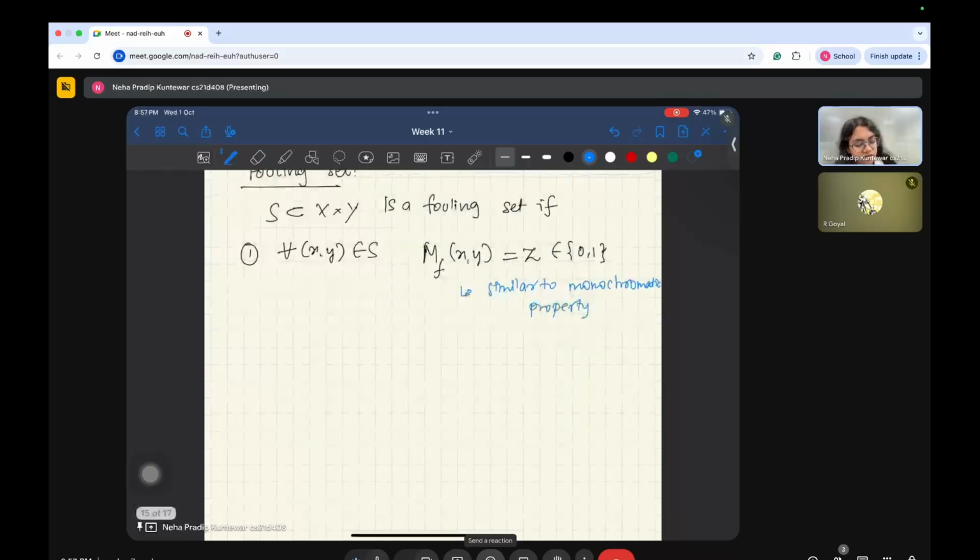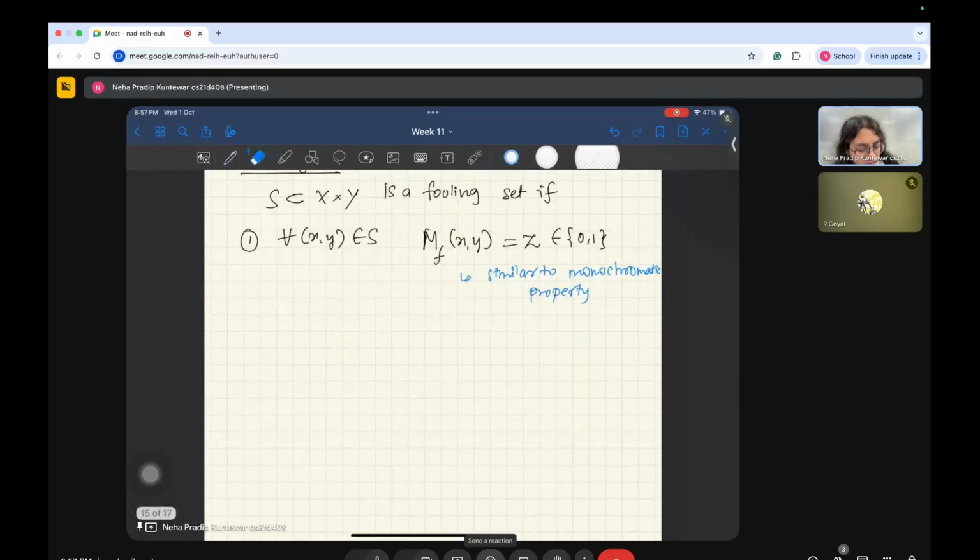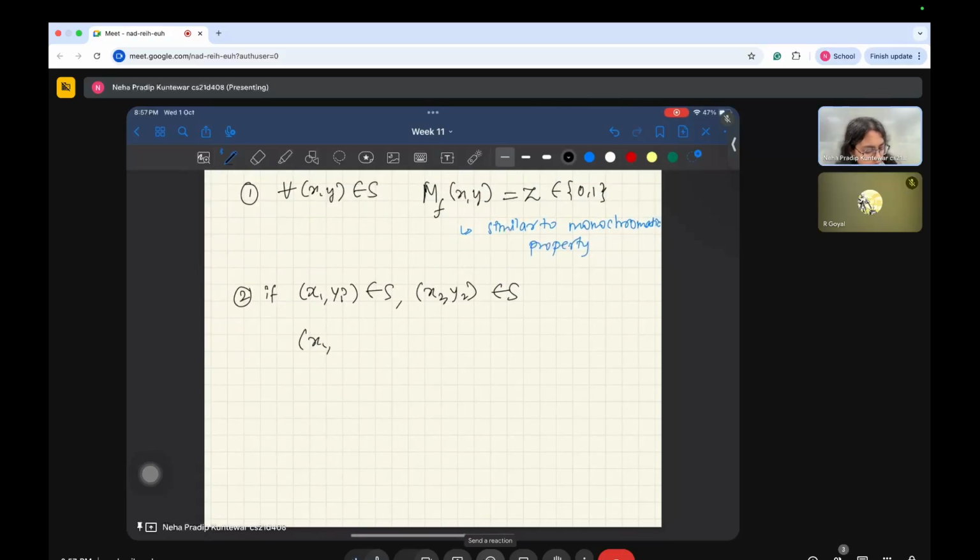But the second property: earlier we said that if x1 y1 is in the set and x2 y2 is in the set, then we insisted that x1 y2 and x2 y1 both should be in the set. This is how we define a rectangle.